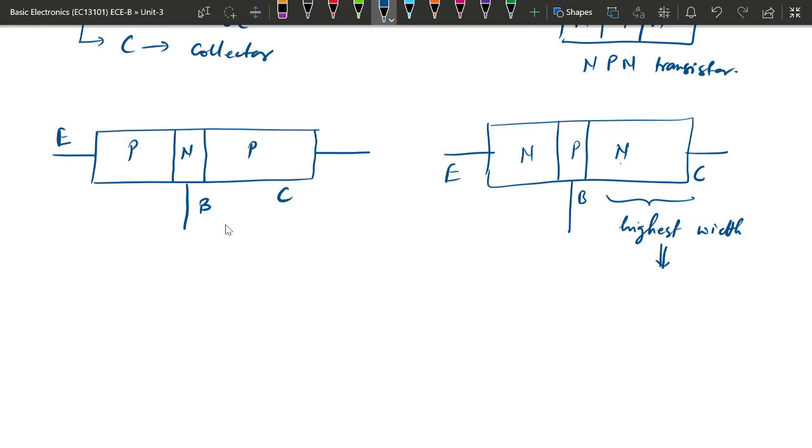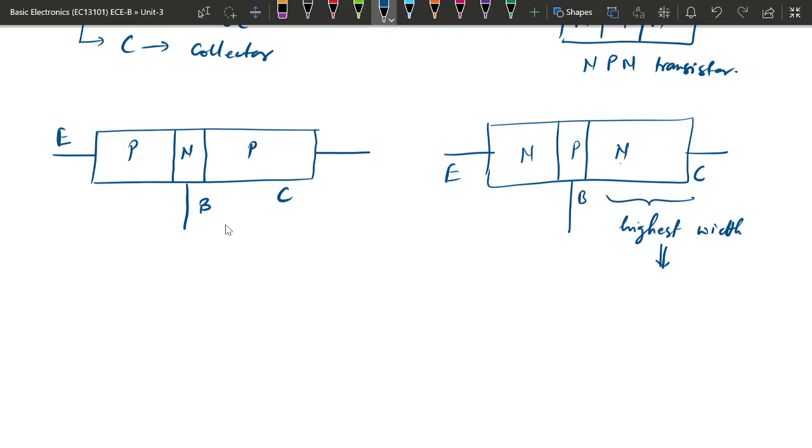Okay, so what is the advantage of highest width? The main function of the collector region is to collect the charge carriers. The collection of charge carriers defines the collector current. That's why the width of the collector region is made highest, so that it can collect the maximum possible charge carriers.